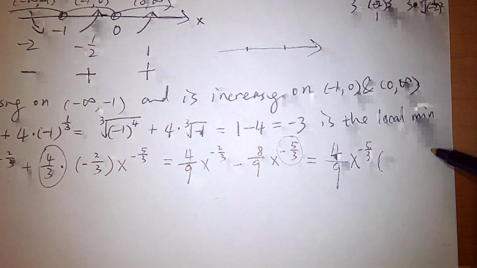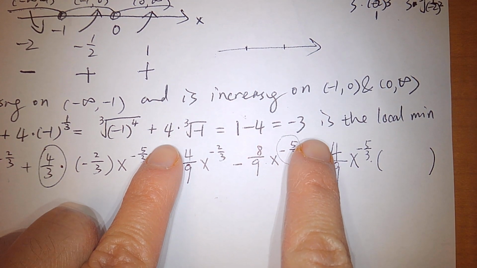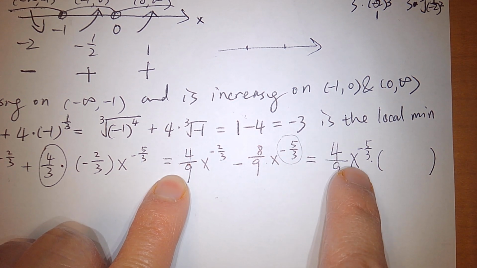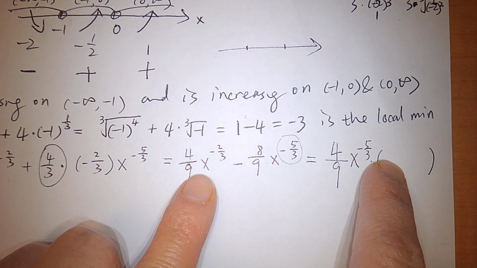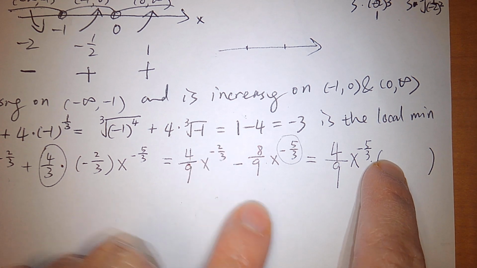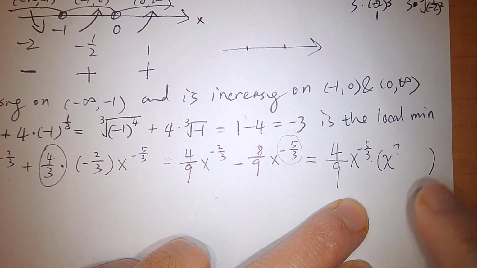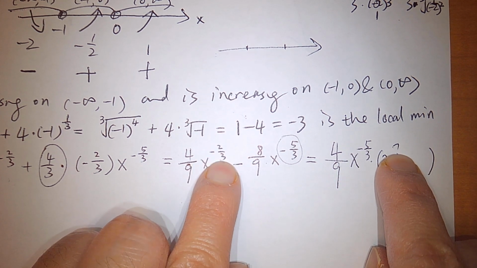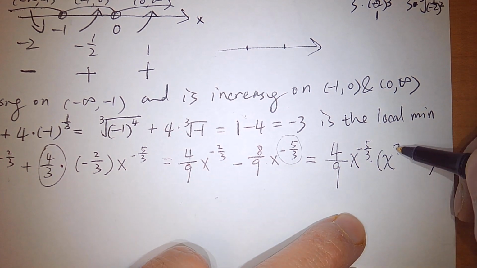Now let's see what will be left in the parentheses. 4 over 9 x to the negative 5 over 3 times what equals x to the negative 2 thirds? Negative 5 over 3 plus what equals negative 2 over 3? 1. Should be 3 over 3, right, or 1?